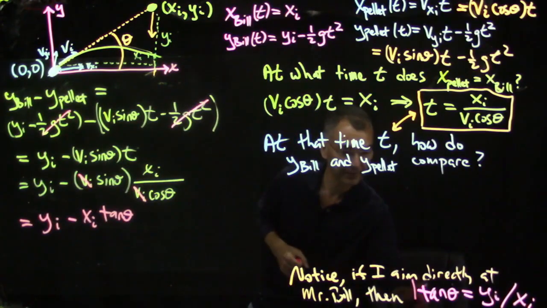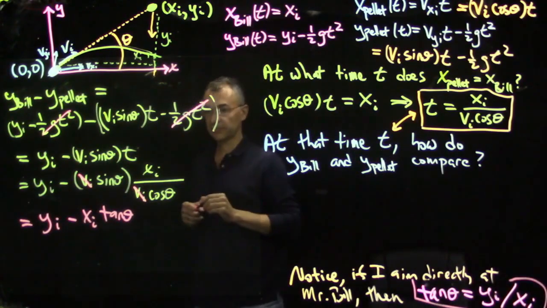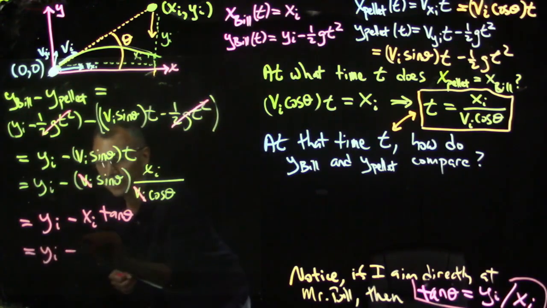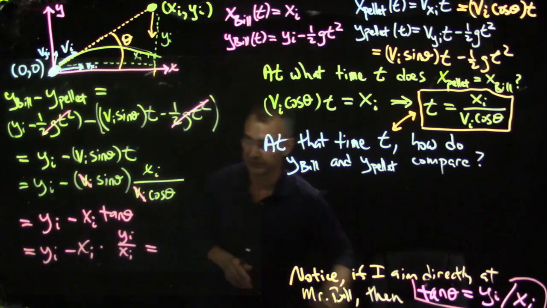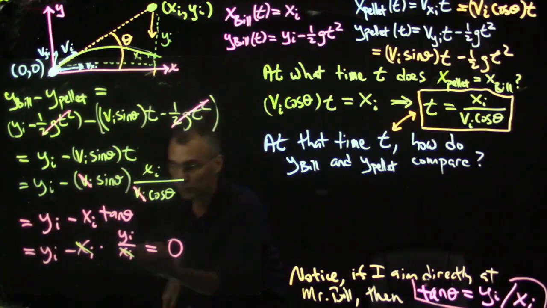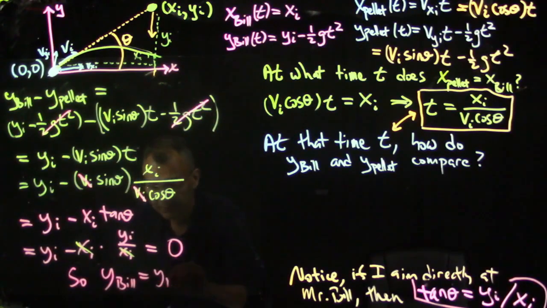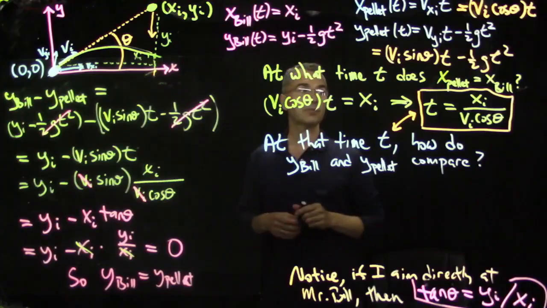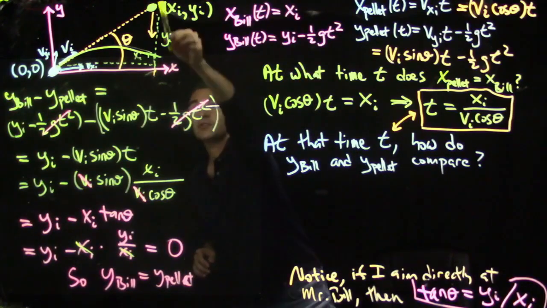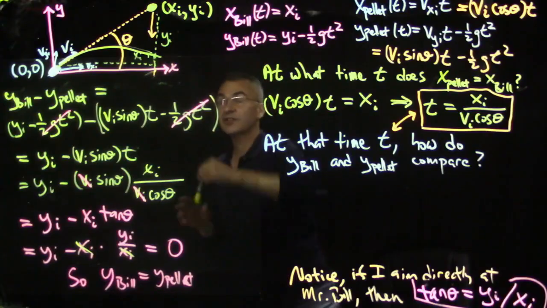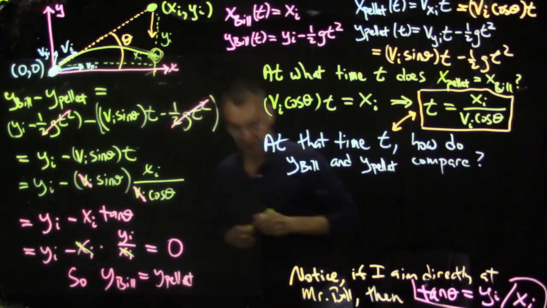And notice that tan theta equals y initial over x initial. So you see that's y initial minus x initial times y initial over x initial. So then the x initial cancels out and we get 0. So y bill equals y pellet at the instant when x bill equals x pellet. So at that instant when the pellet crosses the downward path of Mr. Bill, they actually are at the exact same vertical location.